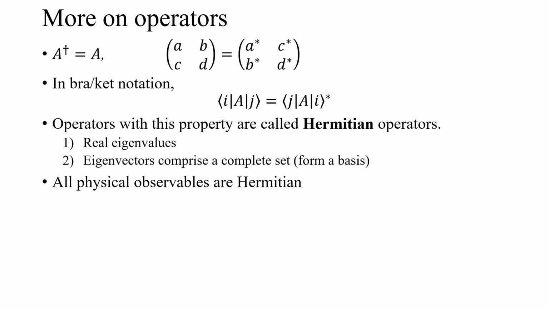And what we were really doing was saying that we knew that those eigenvectors formed a complete set. Anyway, that's the big takeaway from this: knowing what a Hermitian operator is, and that all physical observables are Hermitian operators.